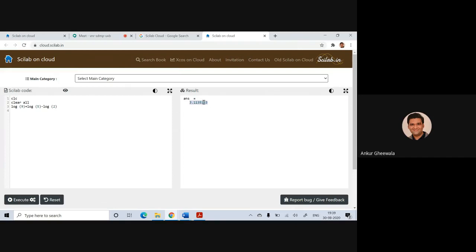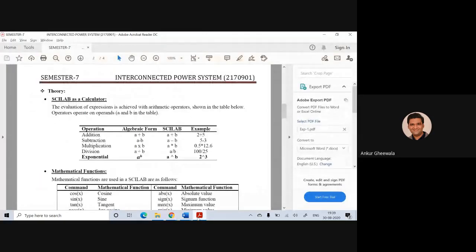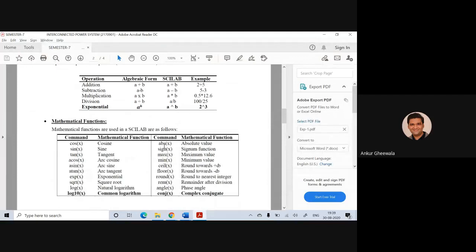So whenever you are executing a logarithm function, the function is always defined in a bracket, something like log x, cos x, sin x. All the values we have defined with the help of brackets. Just see here, log x. It is also defined in terms of log x.